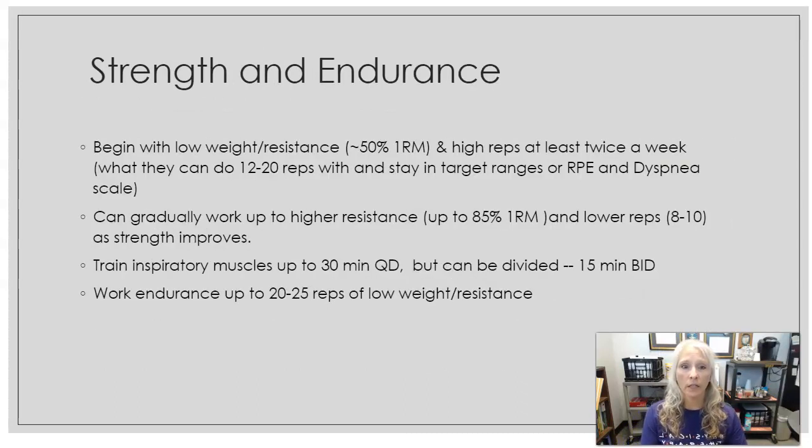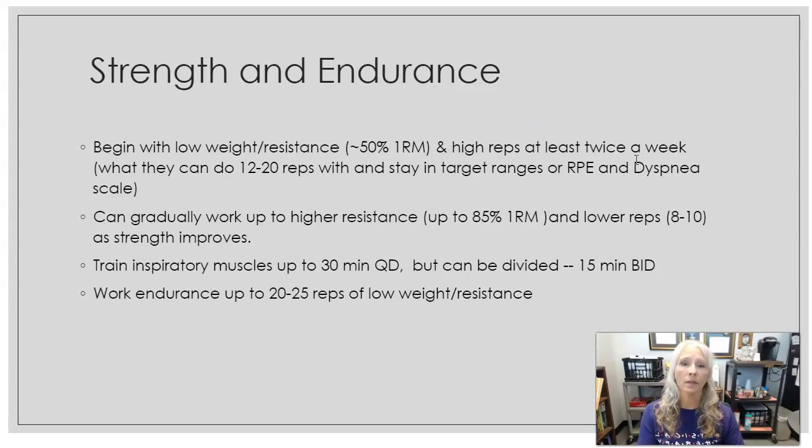Strength and endurance is also something that you're going to want to address with your pulmonary patients. You begin with very, very low weights if you were wanting to do resistance training, like less than 50% or up to 50% of their one rep max, and you don't even necessarily have to test their 1 rep max in order to know if something's very, very difficult for them, and then to back down to that 50% or so.